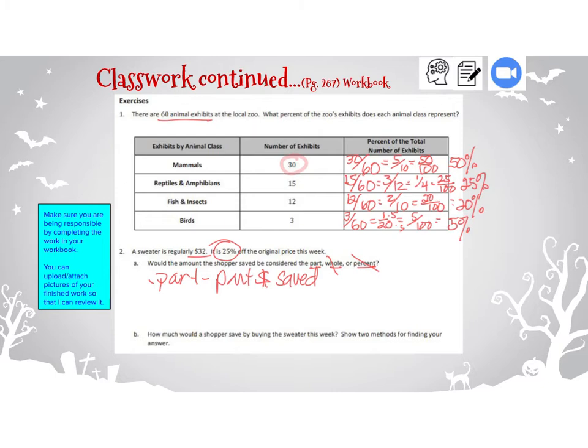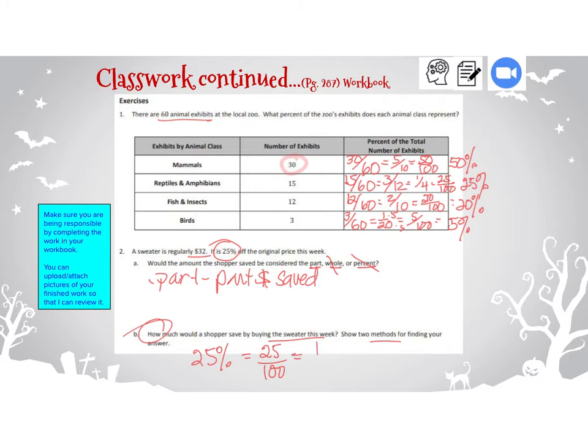Okay, how much would a shopper save by buying the sweater this week? So how much? Now we need to calculate. Show 2 methods for finding your answer. So first thing, 25% is equivalent to 25 over 100. That's a way to quickly write it.